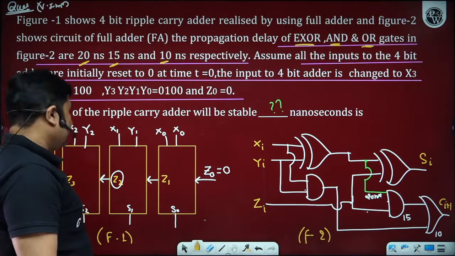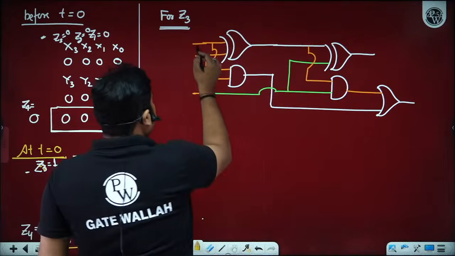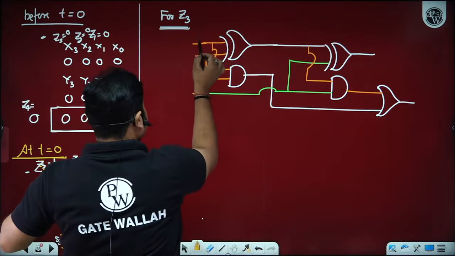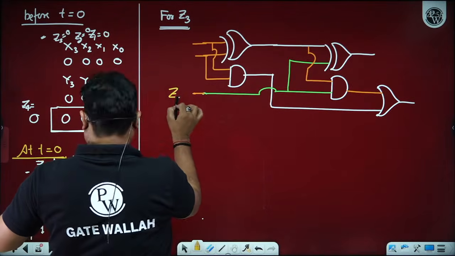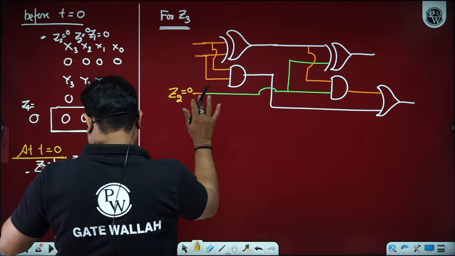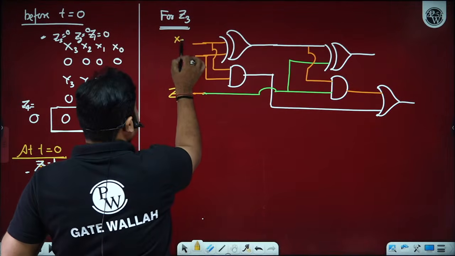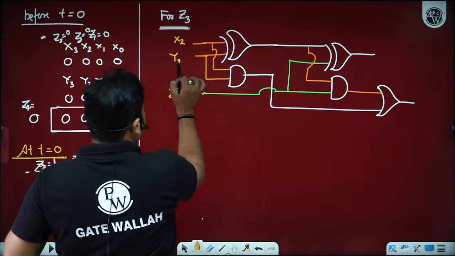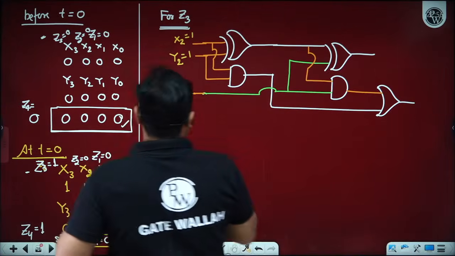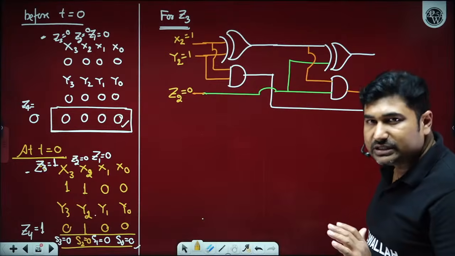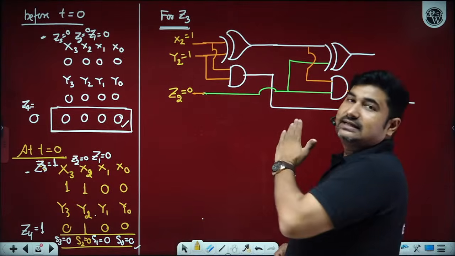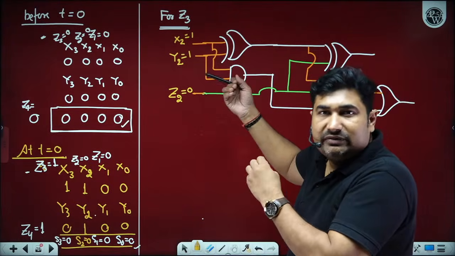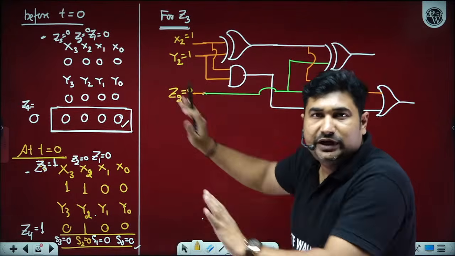Now, please observe here. What is the data we have applied here? Till Z2, there is no change. Z2 is 0. However, X2 and Y2 data will now become 1, 1. Till this part, there is no change. Only at this part, there is a change. So for the part where there is no change, we need not wait for Z2 to come.